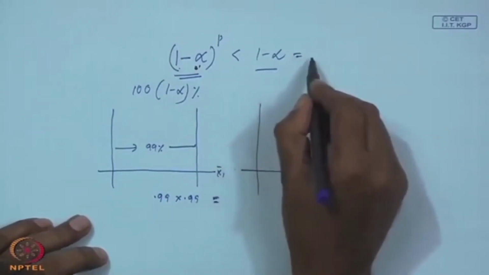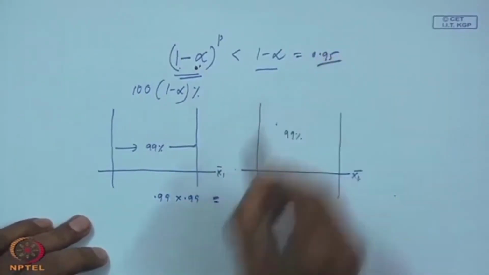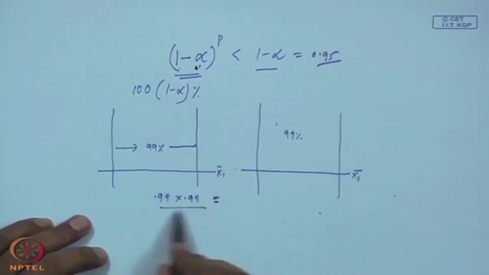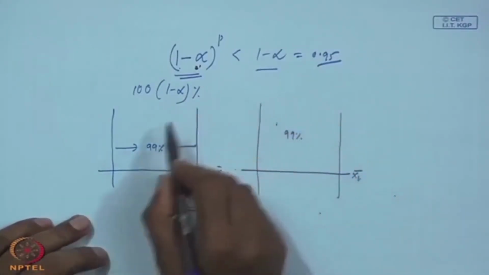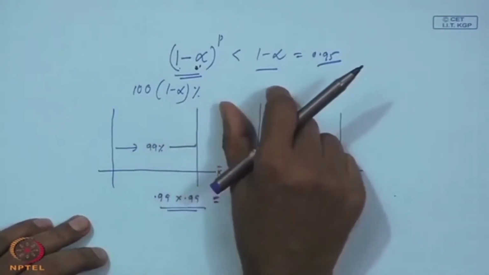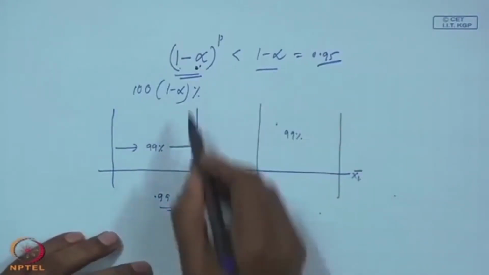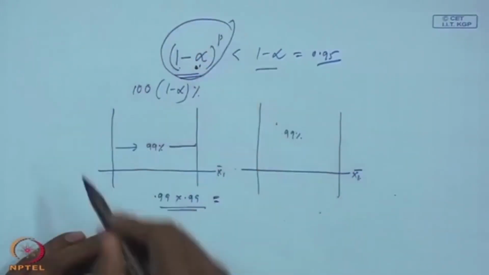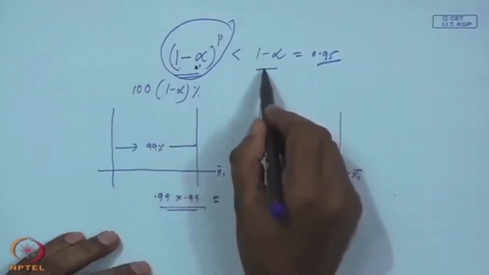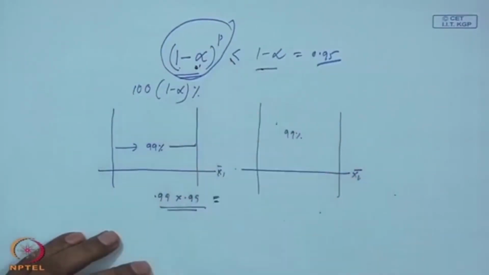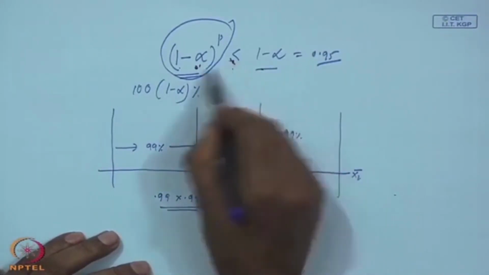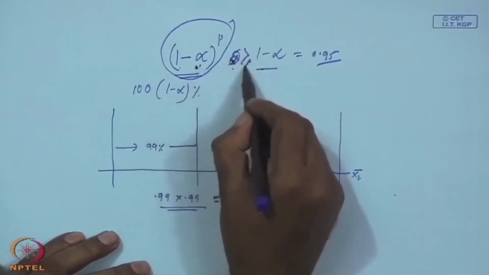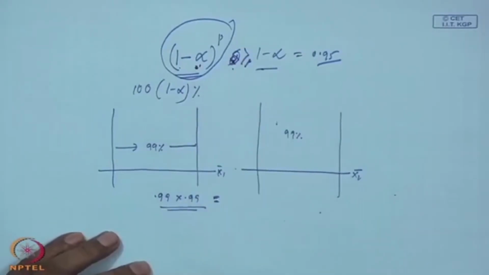If my interest is to get 0.95, this is probably more than 0.95. So, you have to choose judiciously, so that ultimately this 1 minus alpha to the power p should be greater than that; that is my requirement.